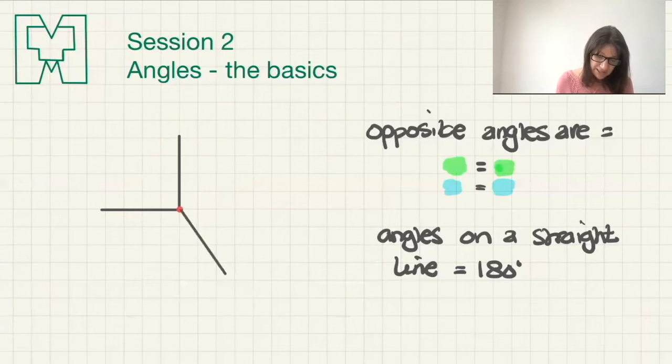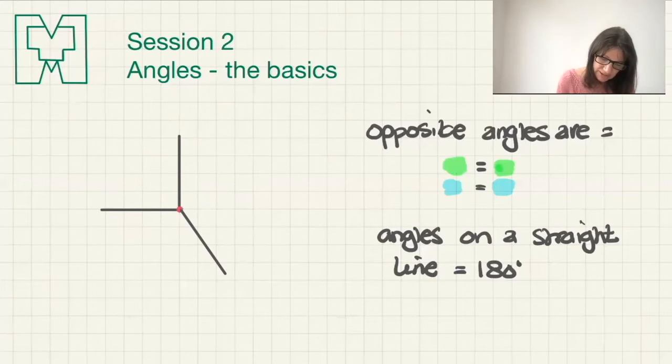Just adding that one extra line has now created another angle here and another angle here. And I could continue to bring lines in. I can do as many as I want. There's another one. There's another one. But they're all coming in to that one point. And that's why we call it angles around a point.